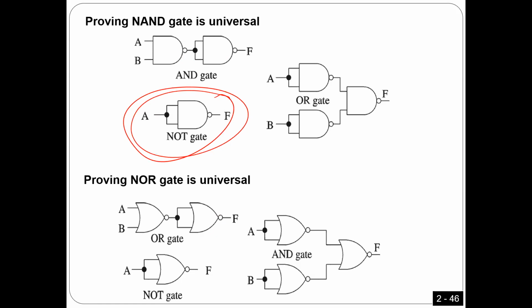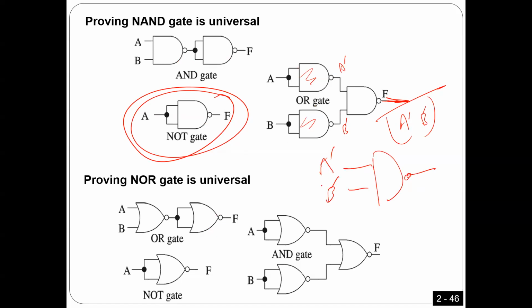This is A prime because this is an inverter using NAND, and another inverter gives B prime. The result is NAND of A prime and B prime, which is equivalent to A or B. Are you sure?